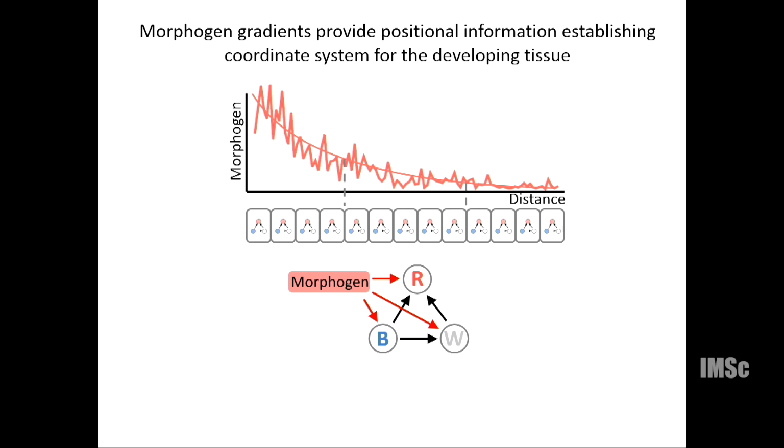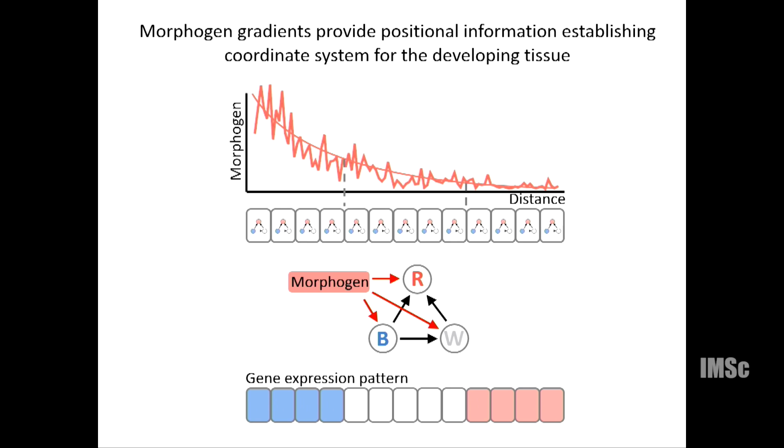There are some effectors, but at the end you could say there are genes that, if this morphogen concentration is high, let's say, the blue gene is expressed in the cell. If the concentration of the morphogen is intermediate, the white gene, and if it's low, it's the red gene. So we recover this French flag, and this pattern of gene expression, the stripes in this pattern, give rise to different body parts and organs.